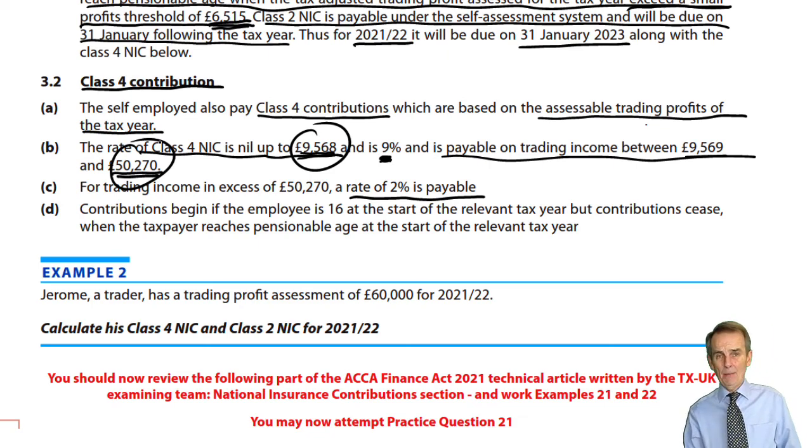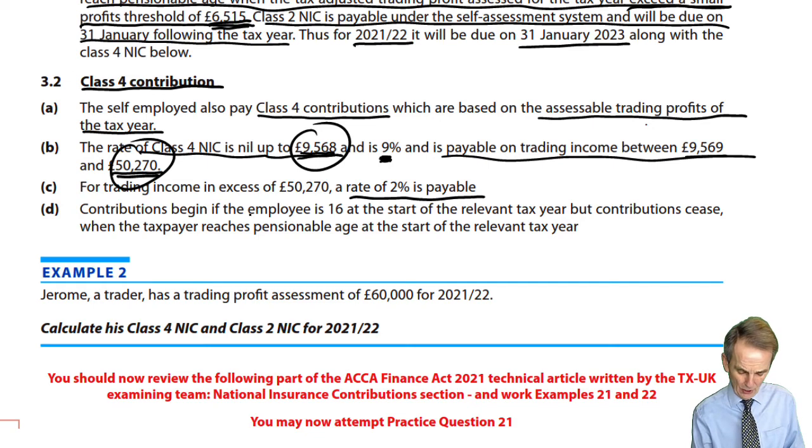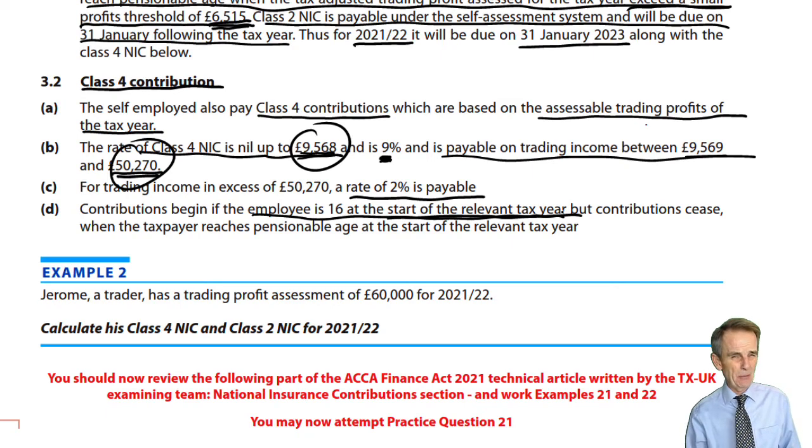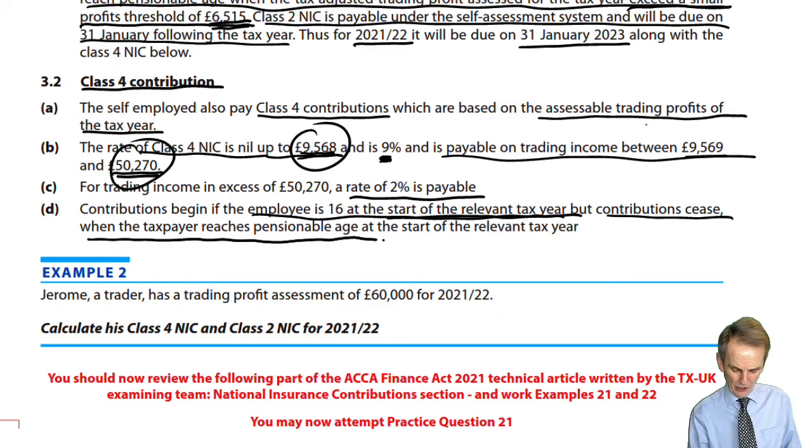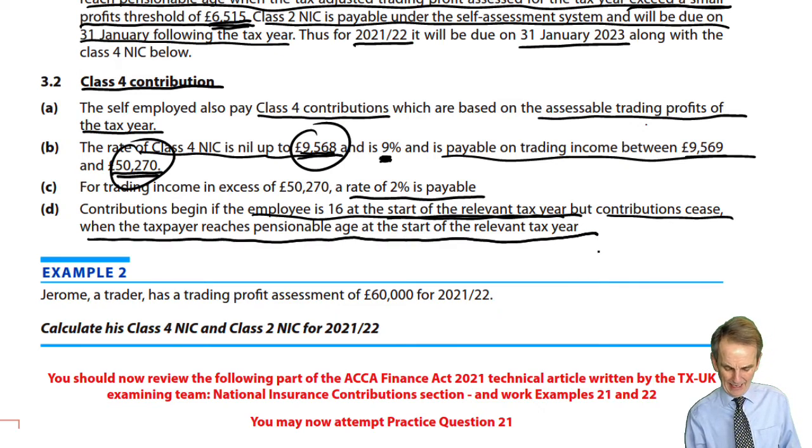Again, from an admin point of view, contributions begin if the taxpayer is 16 at the start of the relevant tax year. Don't see this as being an issue, in all honesty, for you in the exam. But contributions cease when the taxpayer reaches pensionable age, again, at the start of the relevant tax year.